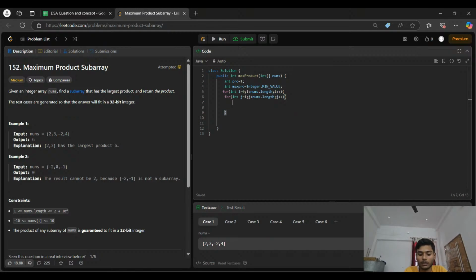We are taking the minimum and multiplying it. pro equal to pro into nums[i], right?